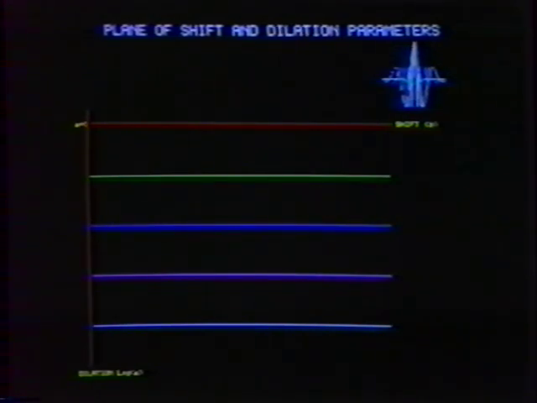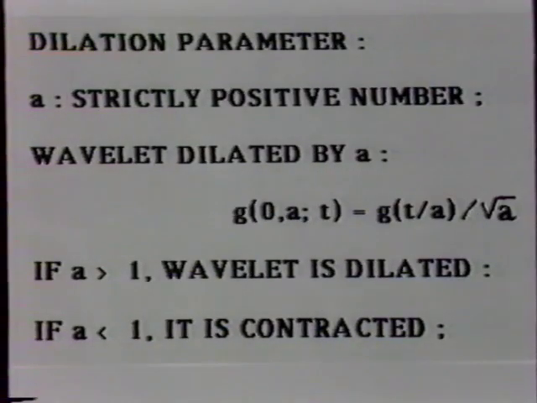We'll now show the formulas which correspond to what you just saw on the screen. The dilation parameter is called A. It is a strictly positive number.